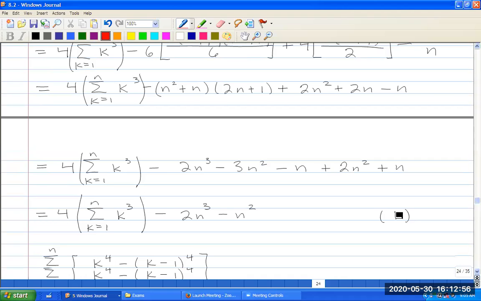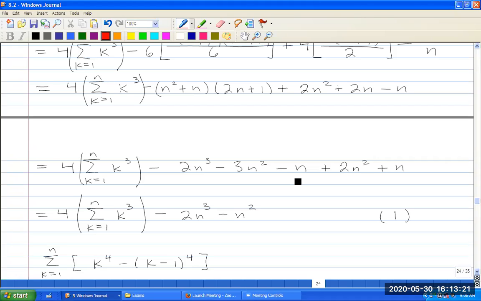Let's multiply these two terms together. So I get a 2n cubed, and it's a minus here. I get n squared plus 2n squared is 3n squared. I change the sign, so it's minus 3n squared. And then plus n, change the sign, so it's a minus n.